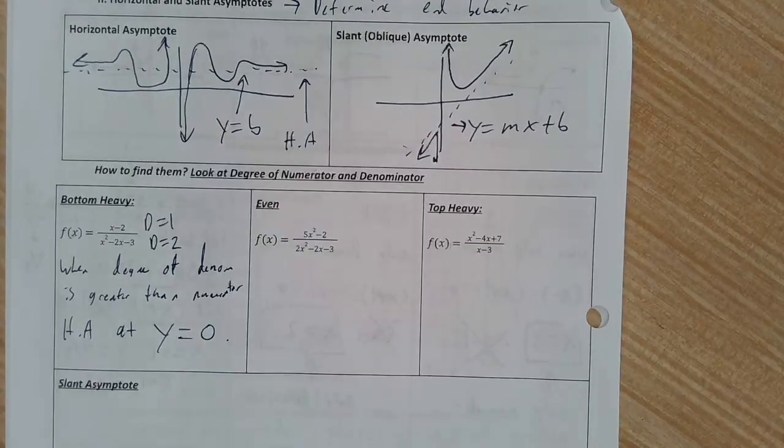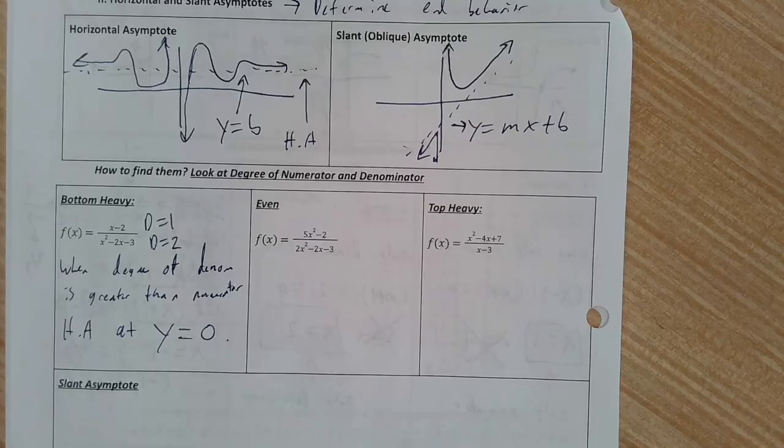Because that denominator is growing so much faster, you're dividing by a bigger and bigger number, so we're just going to approach 0 in the long run. That is a bottom-heavy situation. We have a horizontal asymptote at y equals 0.